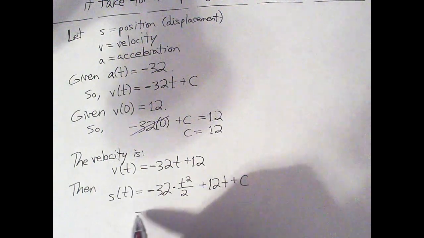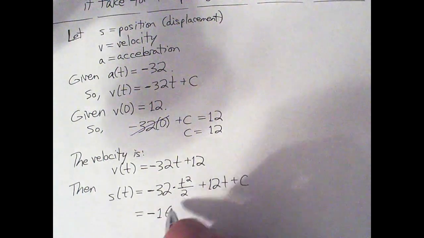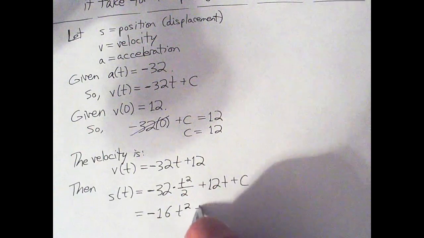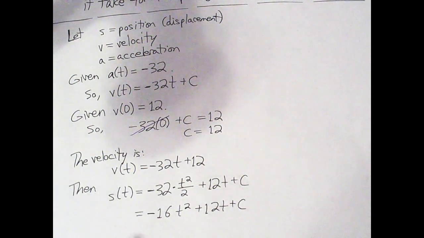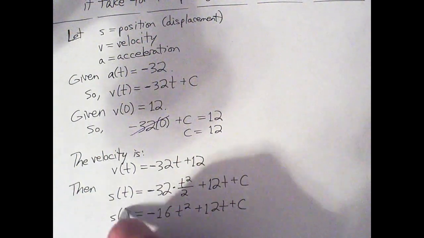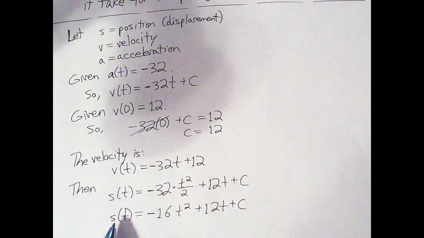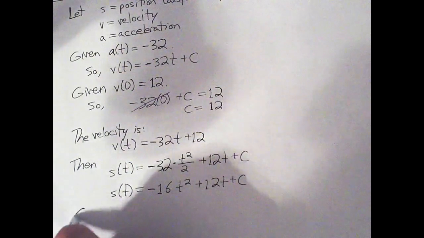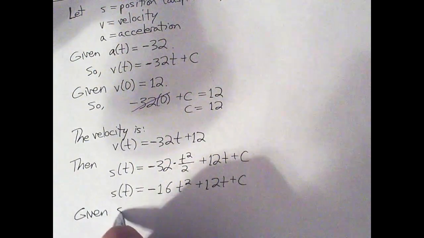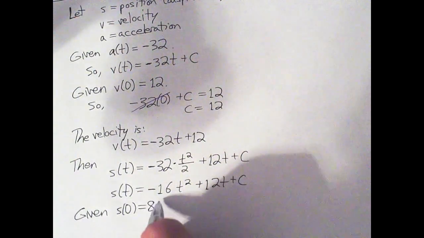All right, so this equals negative 16 t squared plus 12t plus c. Do we have an initial value that we can put into this? Like an initial position value? Yeah, it said something about 80 feet, right? So I think we were given s of 0 equals 80.